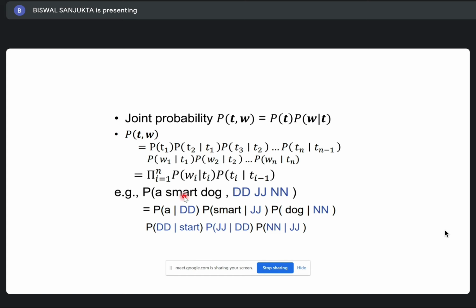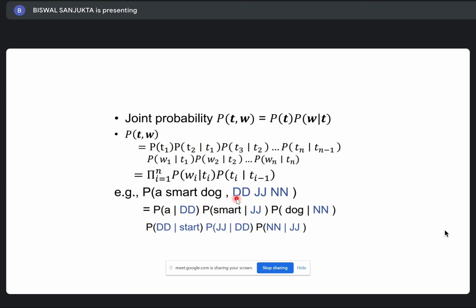Let's say there is no ambiguity: smart can only be an adjective, and dog can only be a noun. So smart is only dependent on its tag, which is adjective. Similarly, dog is only dependent on noun.